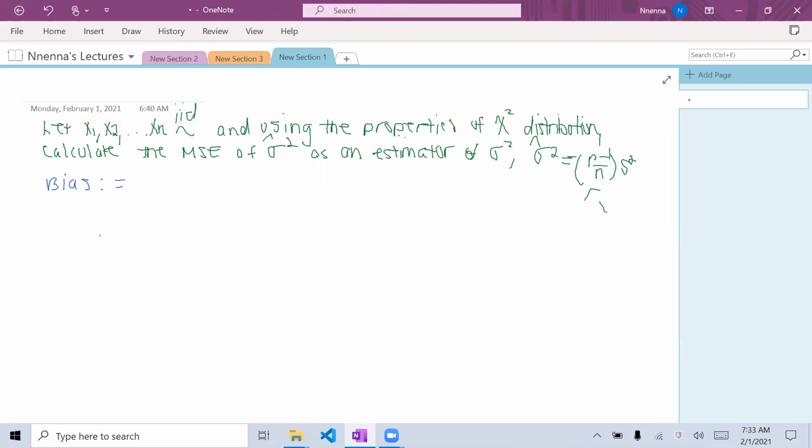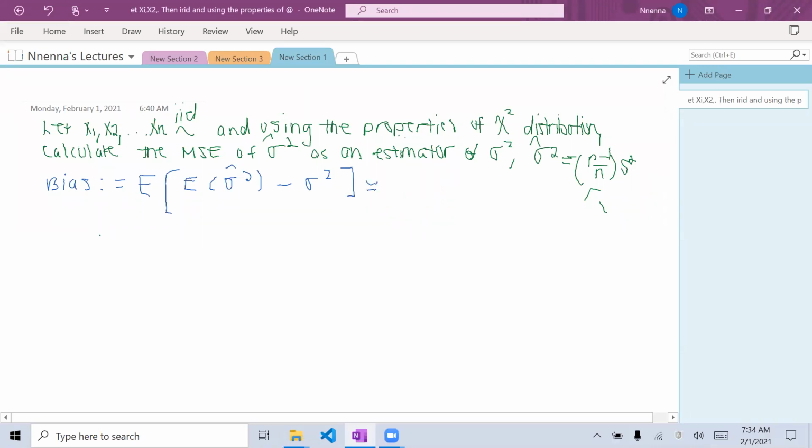It's going to be equal to the expected value of this estimator we have here, the expected value of theta hat squared, minus theta, and I guess theta in this context is actually the variance.